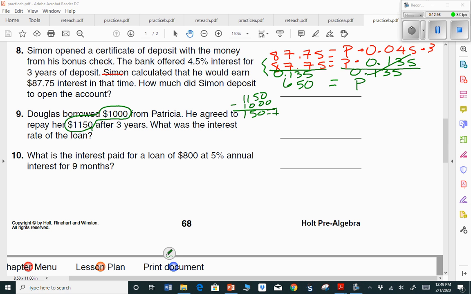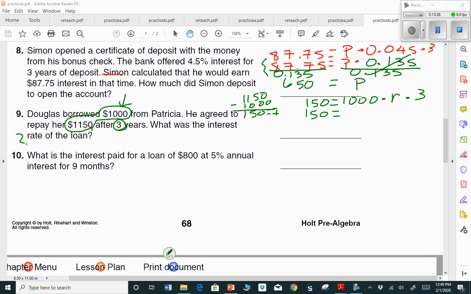So we know the interest, and we know the time, and we know the principal, and they are asking us for the rate. So rate is the unknown thing. Interest, 150. Principal, 1,000. Rate, unknown. And time, 3.